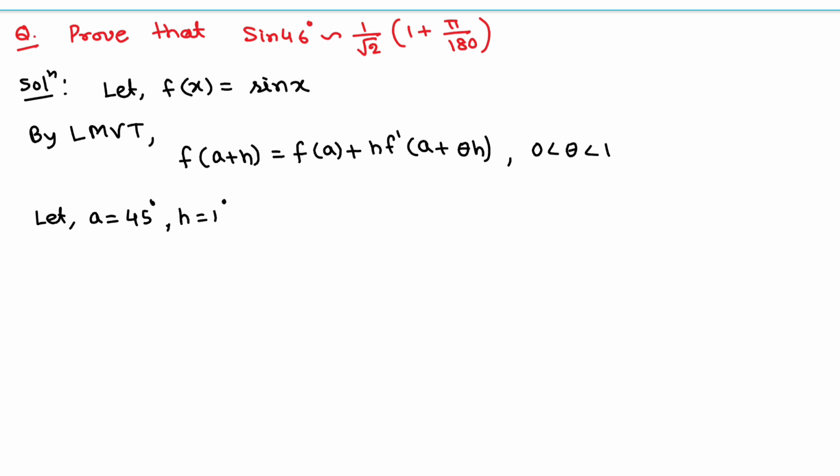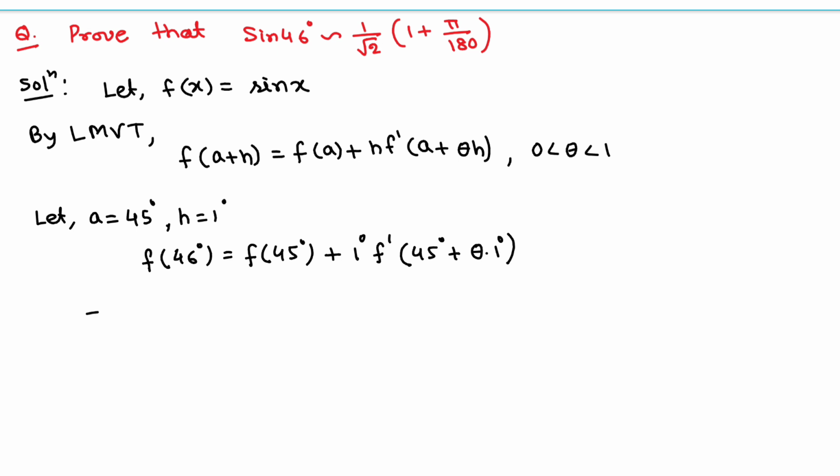So obviously you will get f of a plus h, that means sin 46 degree. So f of 45 plus 1, that means 46 degree, equals f of a, that means f of 45 degree, plus h, that means 1 degree, into f dash of a plus theta h. A plus theta h means 45 degree plus theta into 1 degree.